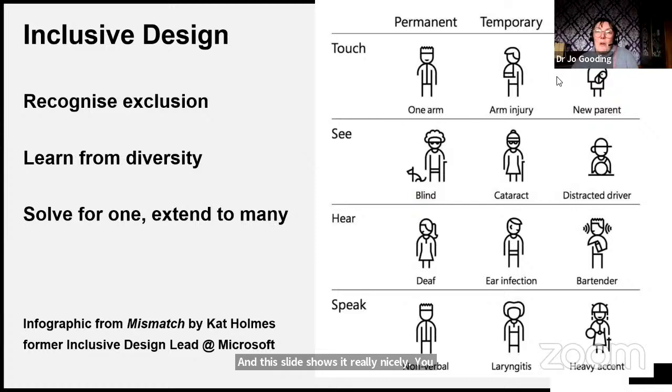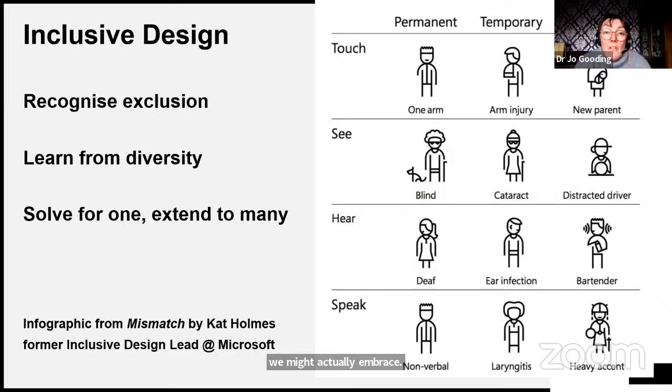Inclusive design's role is to recognize that design can exclude a lot of people. We see this graphic, which is actually from Microsoft, another tech company, thinking about what an exclusion might be. There are examples of permanent, temporary or situational environments where we might embrace design.